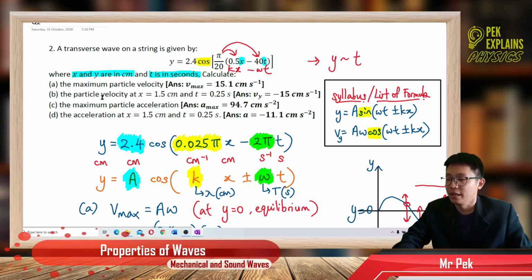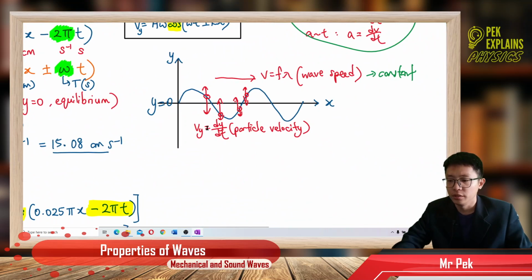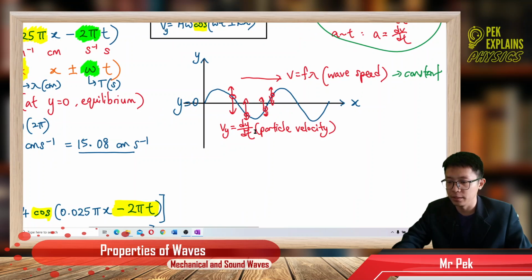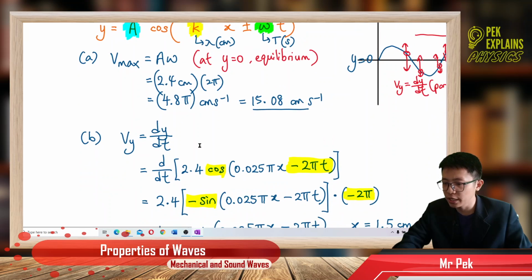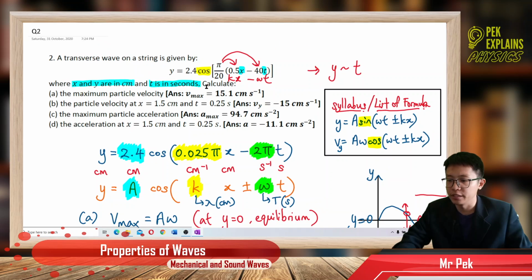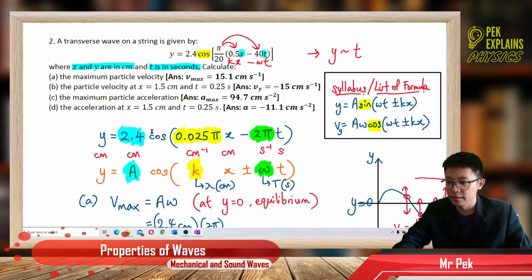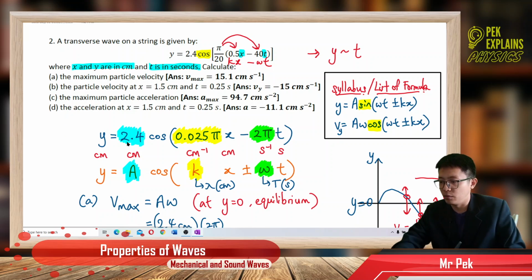How to find? To find the velocity of the particle, you need to differentiate from the displacement equation. Differentiate to get the particle velocity. I already have the displacement time equation, which is this one. This is the y versus time equation.